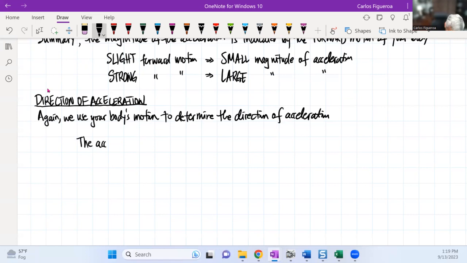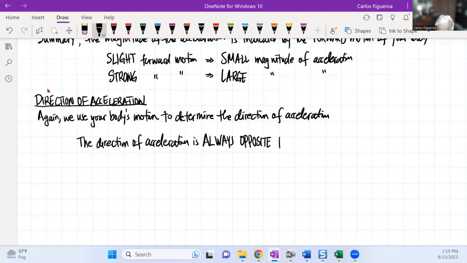The direction of acceleration is always opposite to your body's motion.